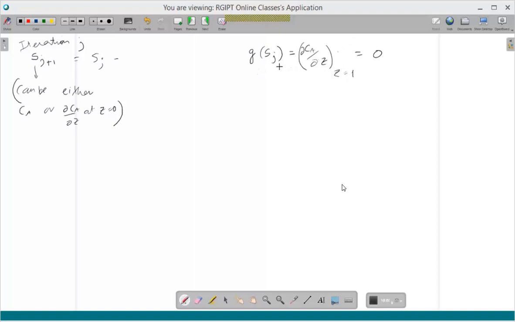So if you define this to be your quantity that governs your updating of S, then the rule is simply S(j+1) = Sj minus G of Sj divided by G of Sj minus G of Sj minus 1, into Sj minus Sj minus 1.